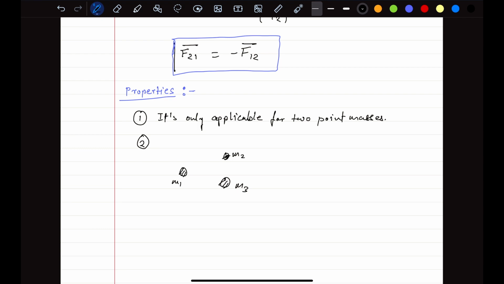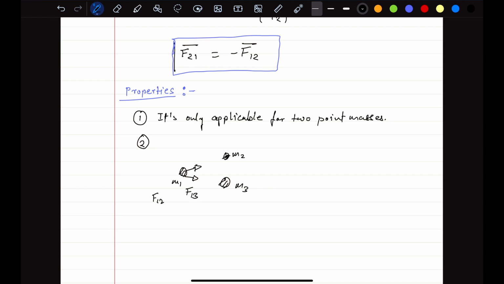So if only m2 was there, then the gravitational force on the m1 was F12 in this direction, and when only m3 and m1 were present, then the gravitational force between them was F13. Now when we bring both of them together, then their individual gravitational force will not be affected. So F12 now as well will be F12 only, although the net gravitational force acting on the m1 has changed when we bring these two masses together.